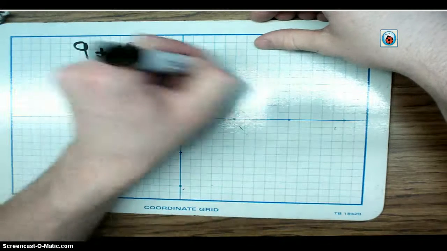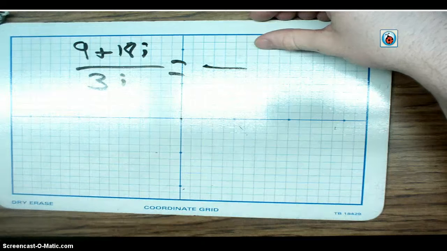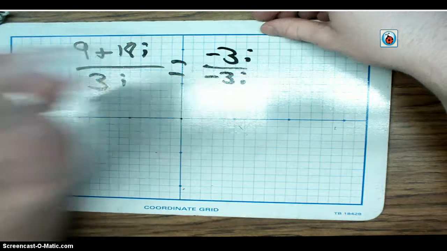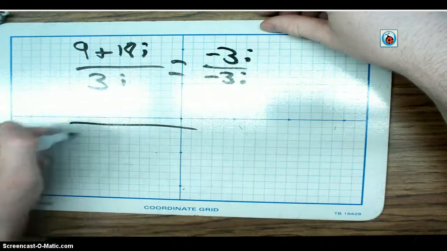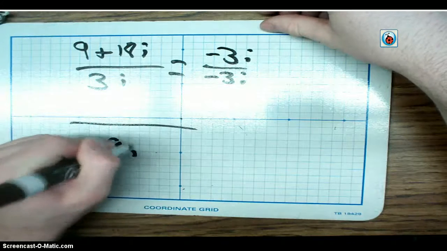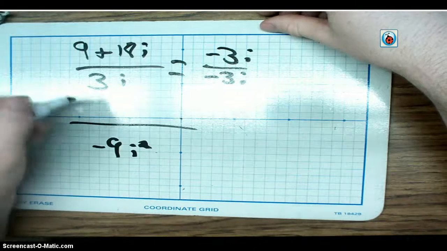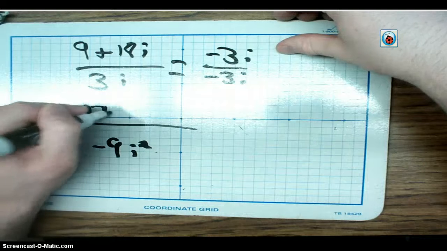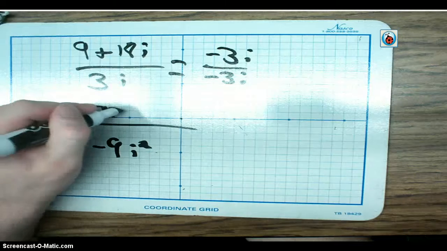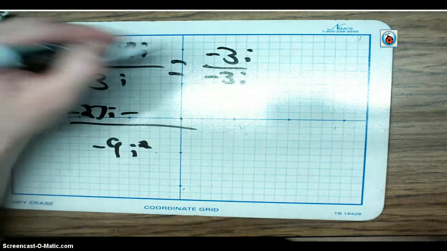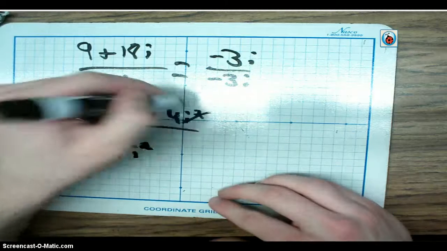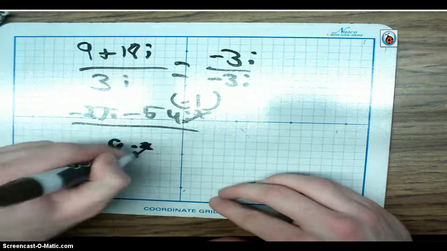Okay, so I screwed up on the first part, so let me redo that. You would still multiply the numerator and denominator by the complex conjugate of the denominator, but it'd be negative 3i. So it'd be negative 9i squared, and it would be negative 27i, and it would also be minus 54i squared. And again, since i squared equals negative 1, you still replace that with negative 1.